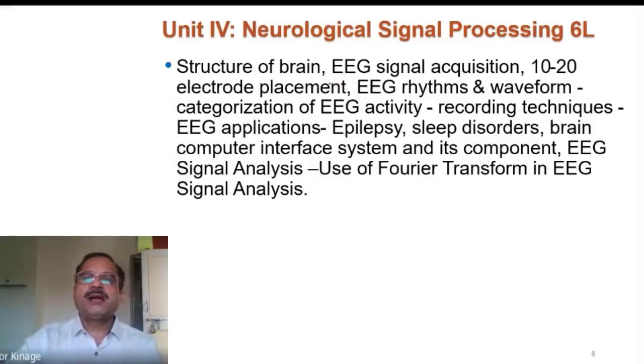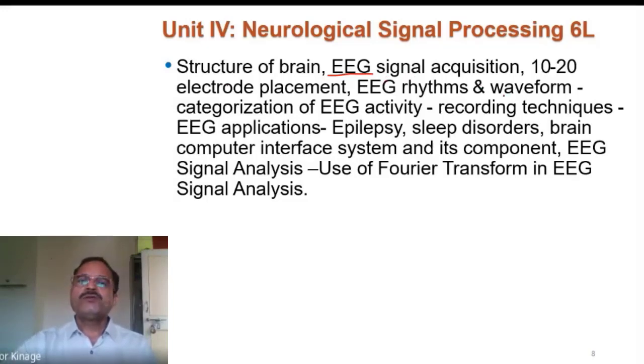The signal generated by our neurological system is called EEG, electroencephalograph. Okay. So we'll see what the structure of the brain is, and how the EEG signal is acquired. Now to acquire this signal, we'll have to place a number of electrodes on our head.